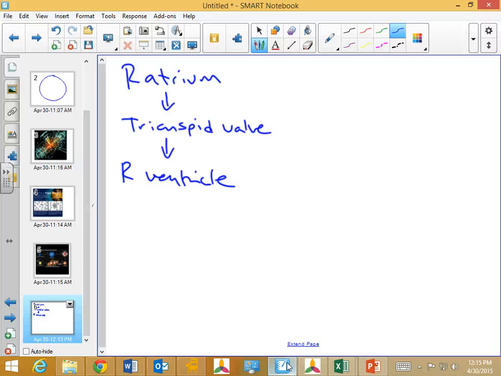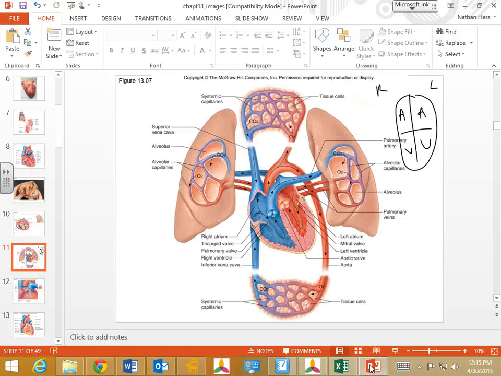So from that right ventricle, where does it go? Follow the journey with me, my friends. Into this pulmonary artery, right? You're following along. What page is this on again? 346, thank you. Into the pulmonary artery.